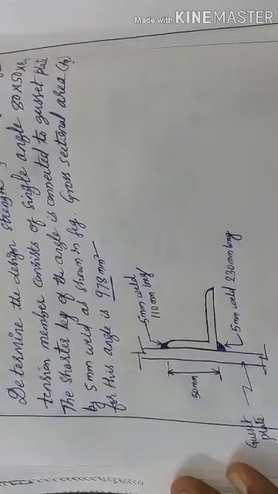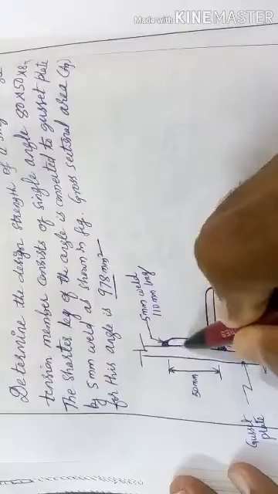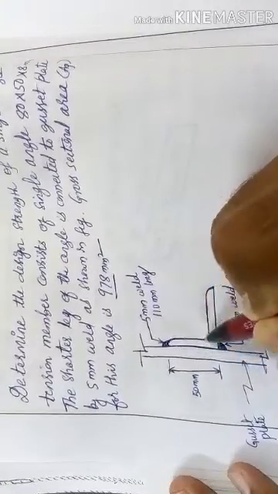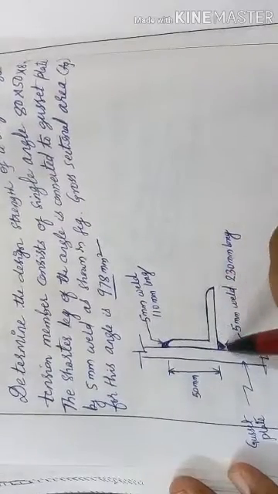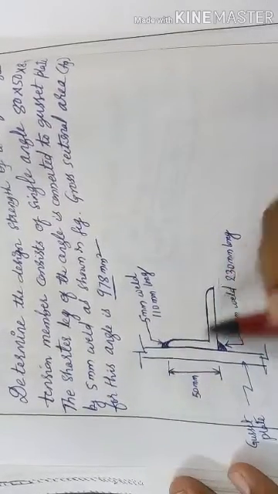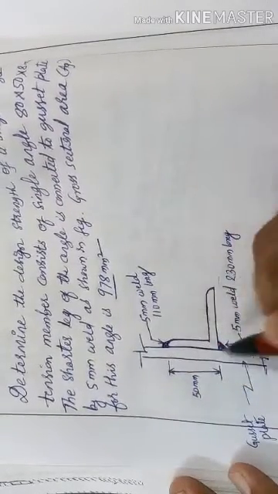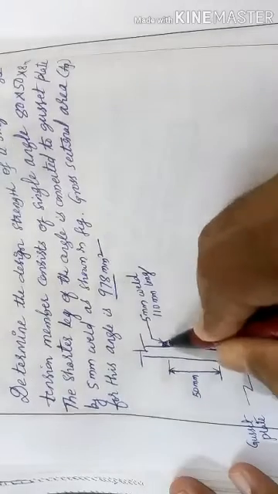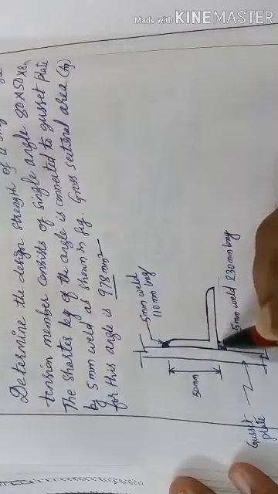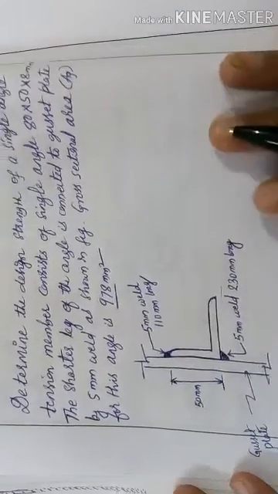This is the gusset plate and this is a single angle. So this leg is 80 mm and this leg is 50 mm, and here the weld is done. So this is the figure given.